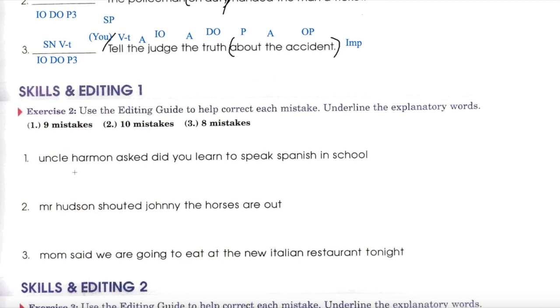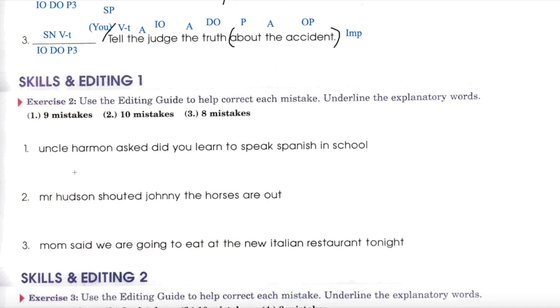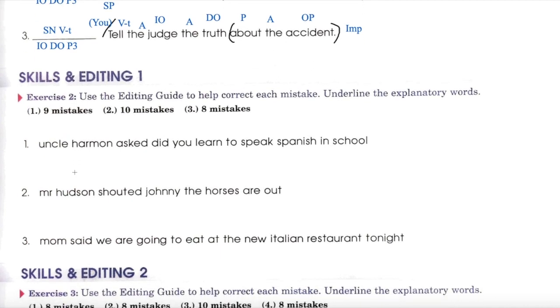Exercise 2: Use the editing guide to help correct each mistake. Underline the explanatory words. All right, we just did this in our lesson today, so it should be pretty easy. We want to stick with those 7 rules. Remember that. Let's start by capitalizing the first word.